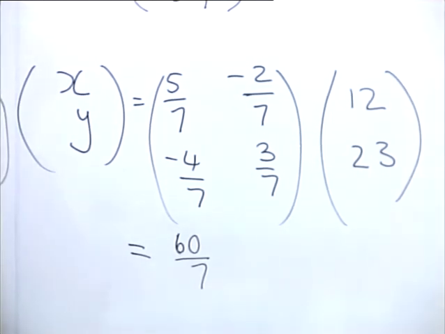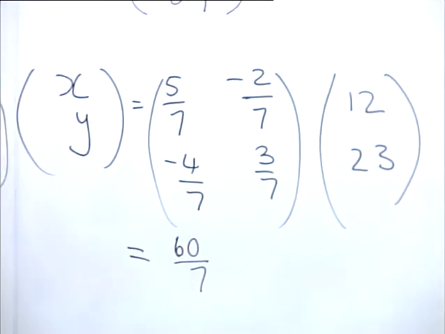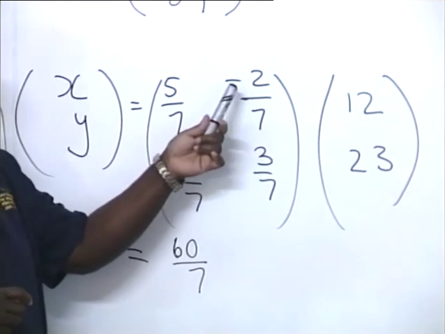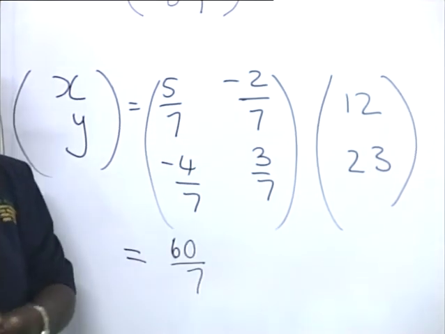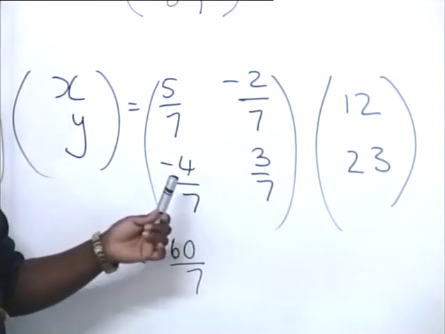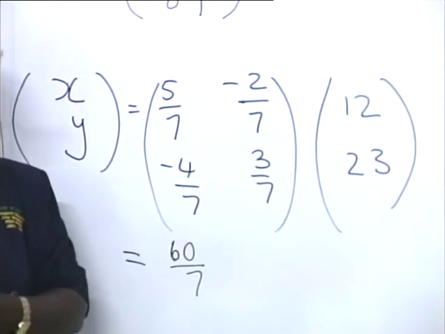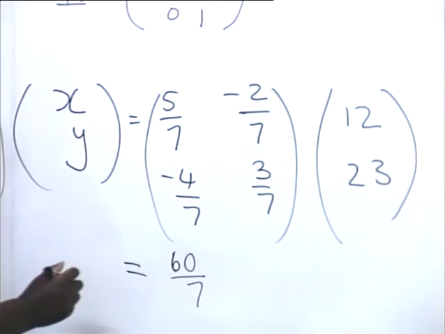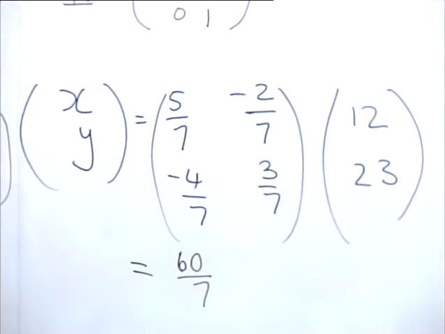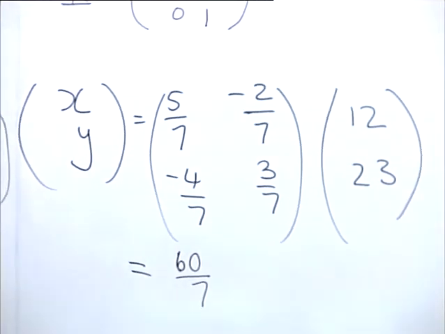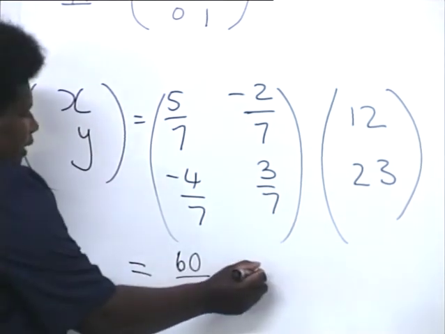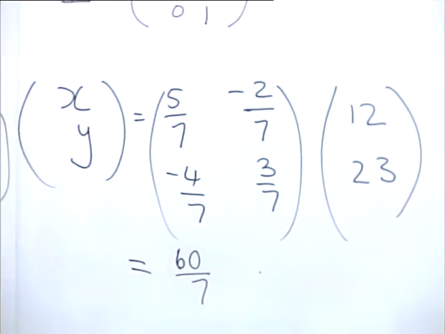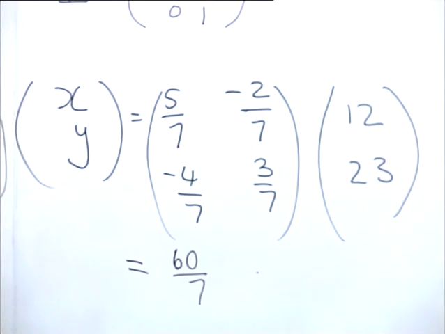Is that correct? Do I multiply minus 2 on 7 by 23, or do I multiply minus 4 on 7 by 12? Minus 2 on 7 by 23. Do I put it here or here? On the right or at the bottom? On the right.